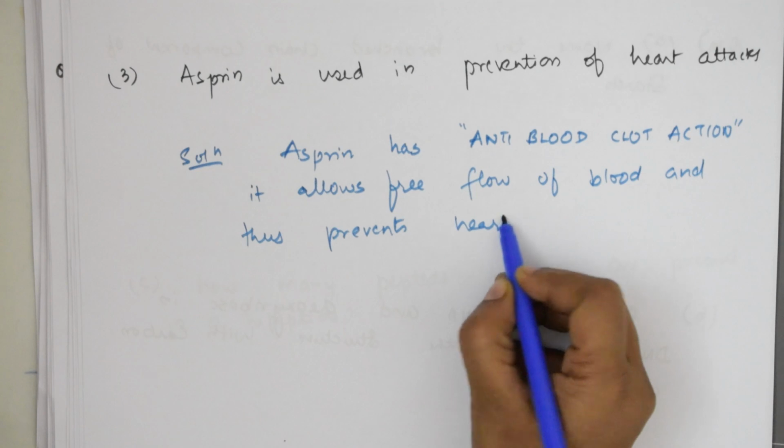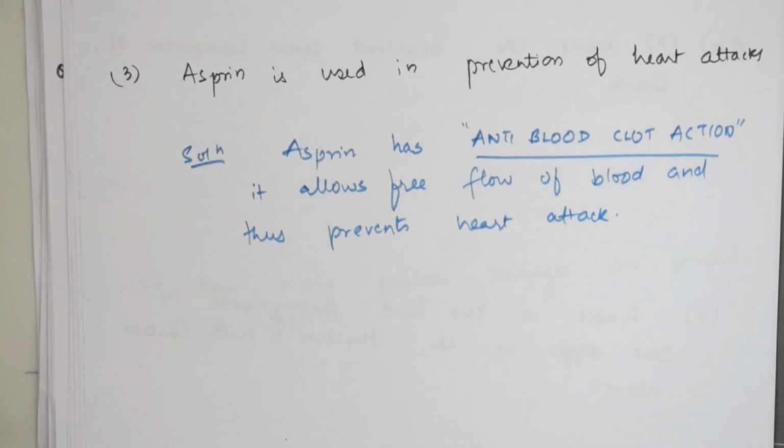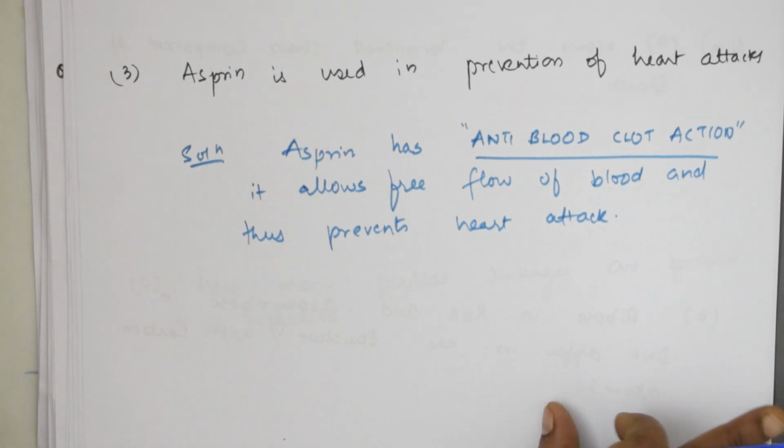But this is not suitable for all patients because the mode of action varies with different people. So you have to be specific and careful. Everybody cannot take aspirin. With the doctor's suggestion only, aspirin should be taken during heart attack. Done. So these are your questions.